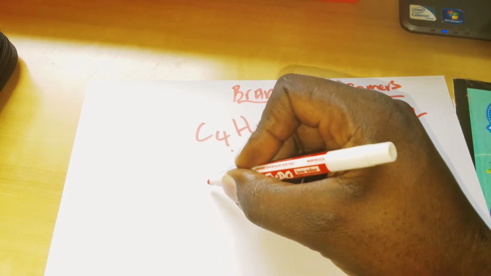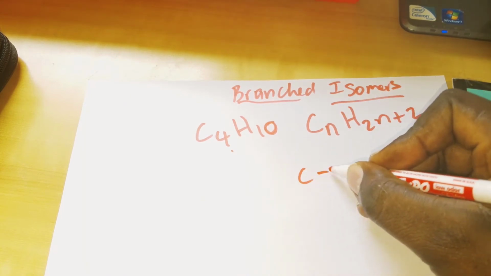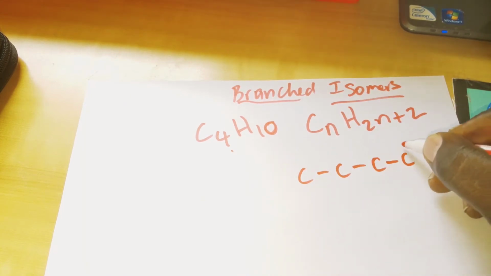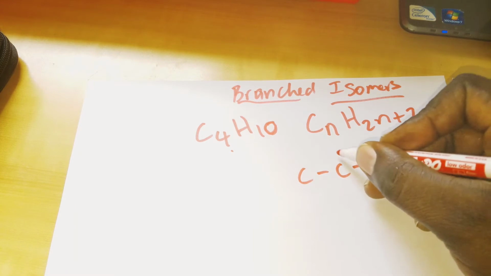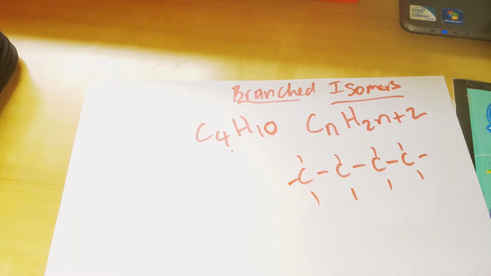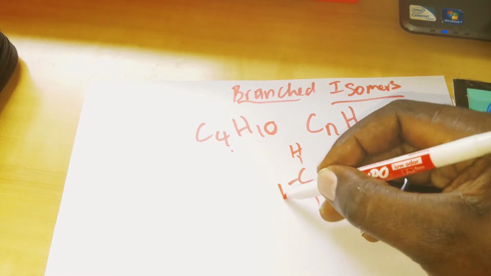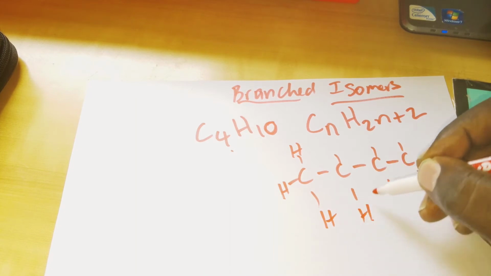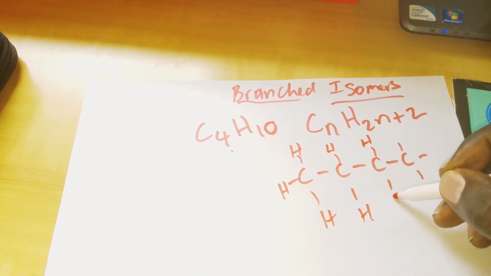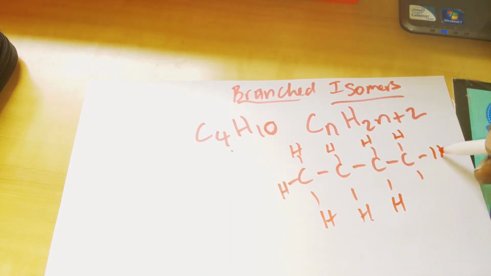So I could actually draw the structure of butane to represent this over here. So here's my butane. We know it's a bother when we have to put in our hydrogens, but I'll put them in here. Now we want to make sure that it fits the molecular formula C4H10.